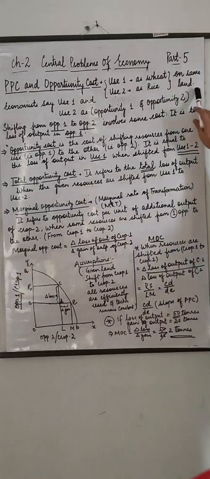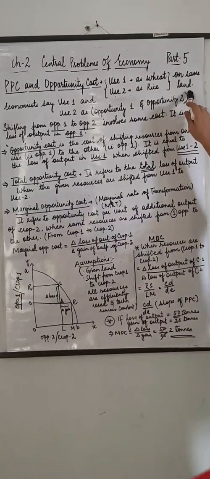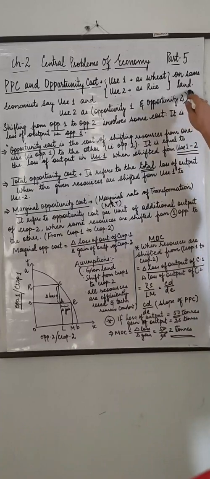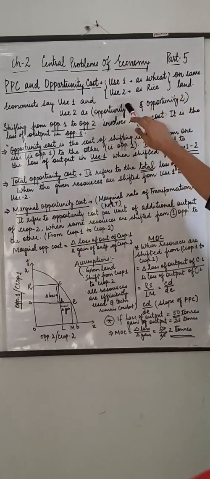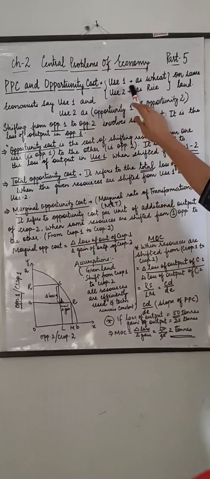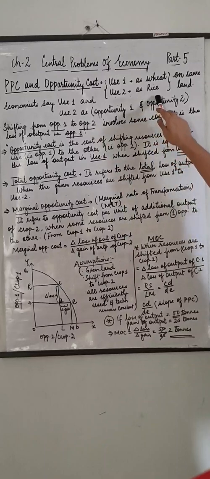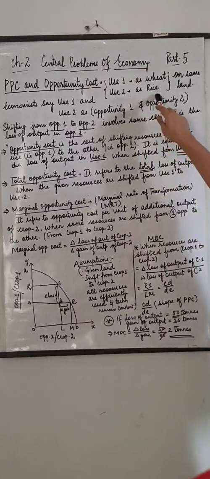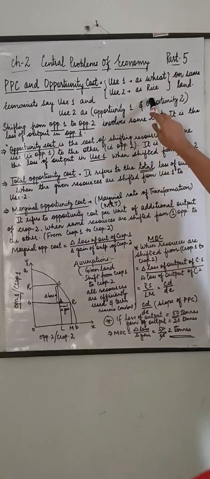On the same land, we are growing two crops. So two uses can be there, that is use 1 and use 2. In use 1, we are growing wheat, and in use 2, we are growing rice. It can be said crop 1, crop 2.